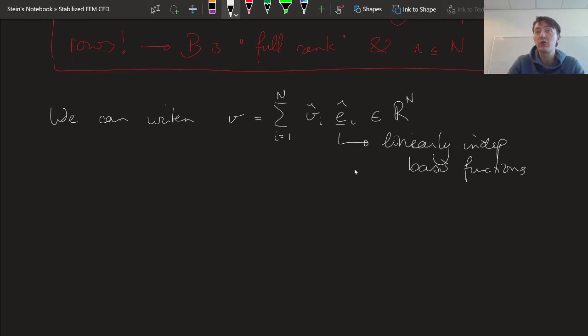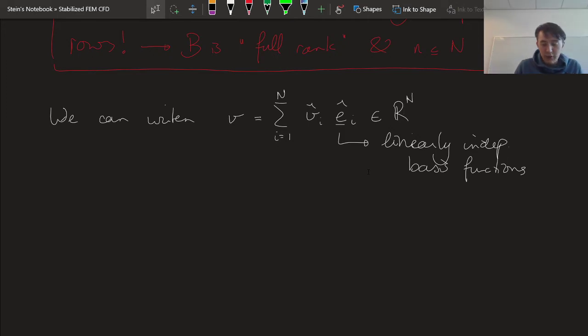It doesn't have to be the natural basis of 1, 0, 0, etc. It can also be an arbitrary set of numbers as long as these bases are linearly independent, meaning that you'll not be able to write any one particular basis as a linear sum of the other bases. Yeah? This is relatively basic linear algebra. I hope that you're still somewhat sharp on your linear algebra.